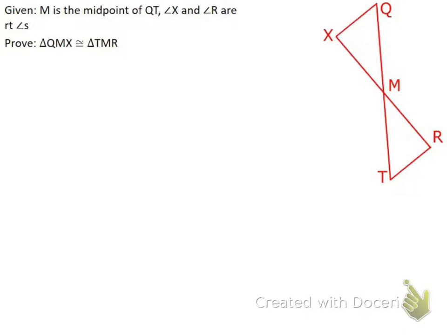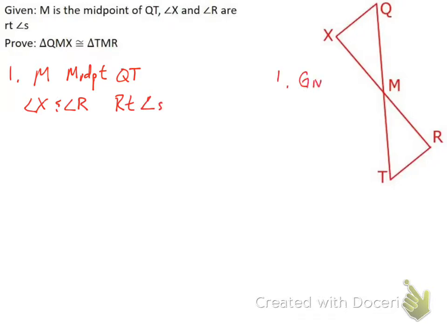And then the last one. Again, M is the midpoint of QT. Angle X and angle R are right angles. There's my given statement. And so again, I can go through these.